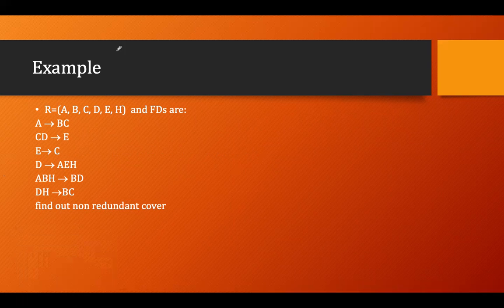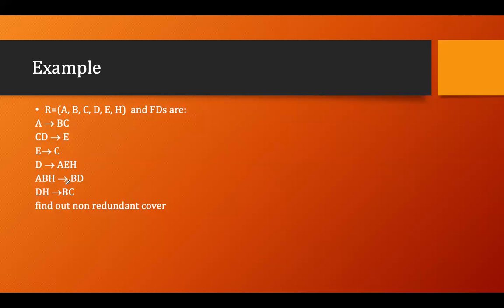So these are the functional dependencies that are given. Now what is our task? Our task is to find out which particular functional dependency, among the 1, 2, 3, 4, 5, 6 functional dependencies that are there, is a redundant one. Okay.